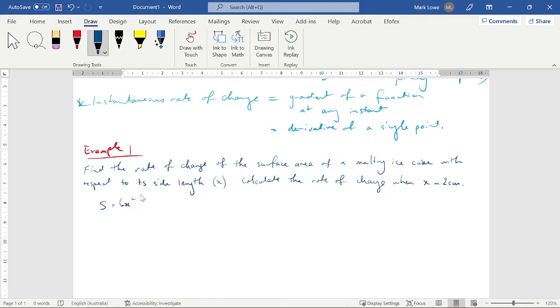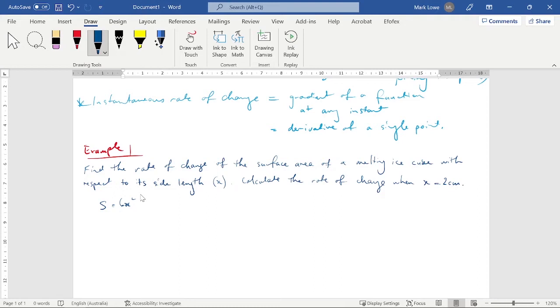Now we want to find the rate of change of its surface area, so the rate at which the surface area is changing. If we think in terms of the derivative with our graphs, we have a function written as y equals something, say y equals 6x squared, for example. The derivative would be the rate of change of y with respect to x, so it's dy over dx.